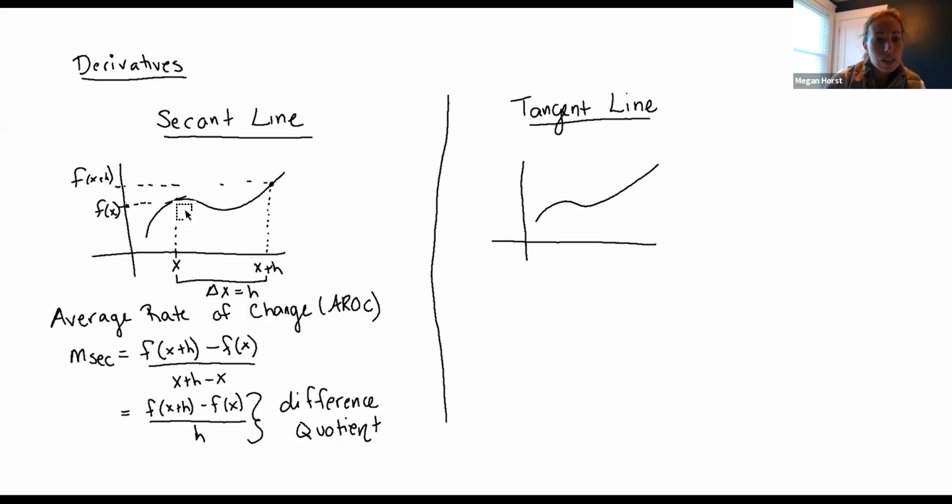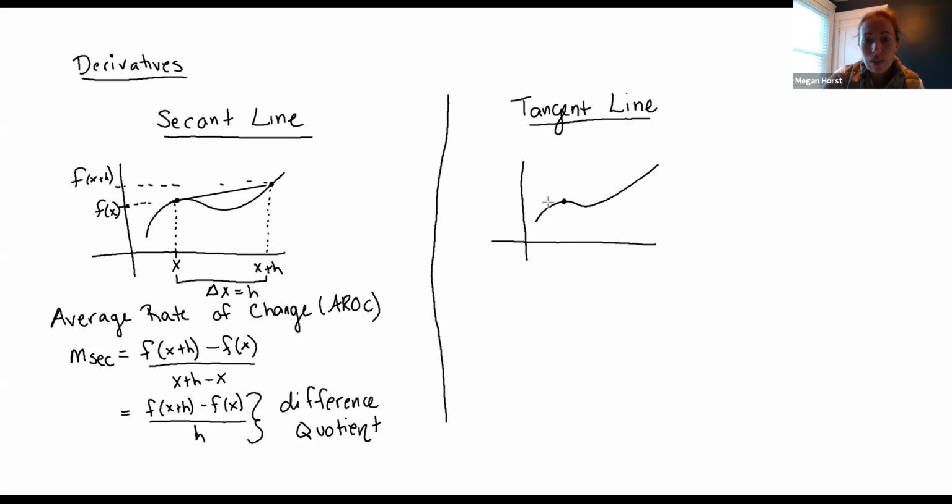So notice that a tangent line is just going to touch at that one point, rather than our secant line, which went from one end to the other. It had all this function in between. It passed through 2 points. When we're talking about a tangent line, we're going to have just a singular point at f of x. And now we're letting that h go to 0.